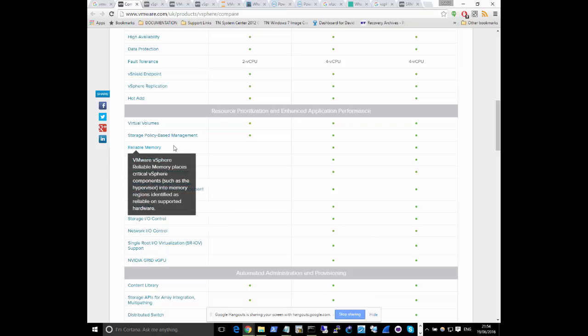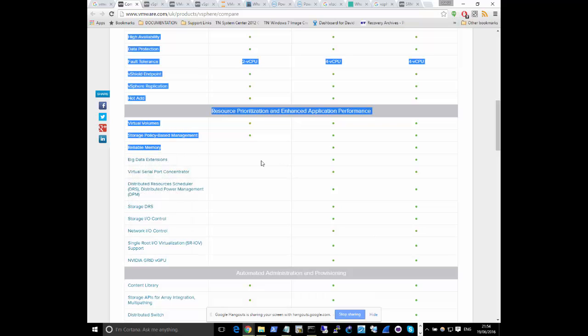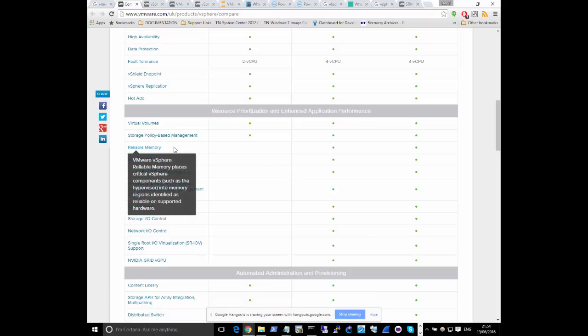So this is more of a security feature where you're protecting ESXi in the memory. So no problems, Abdul, no problems. Sorry. So VMware vSphere reliable memory places critical vSphere components into memory regions identified as reliable. So it's more of a security feature.